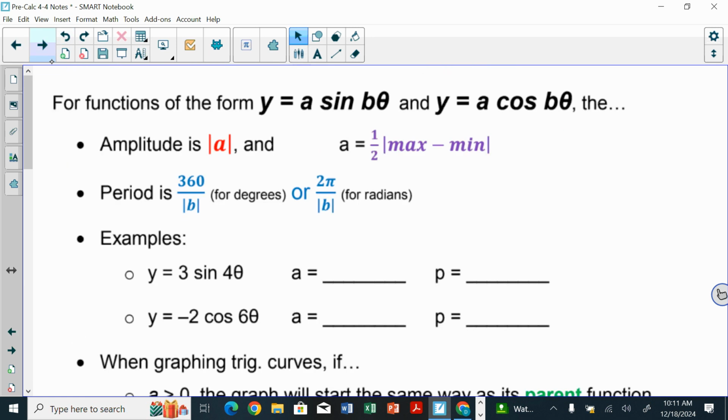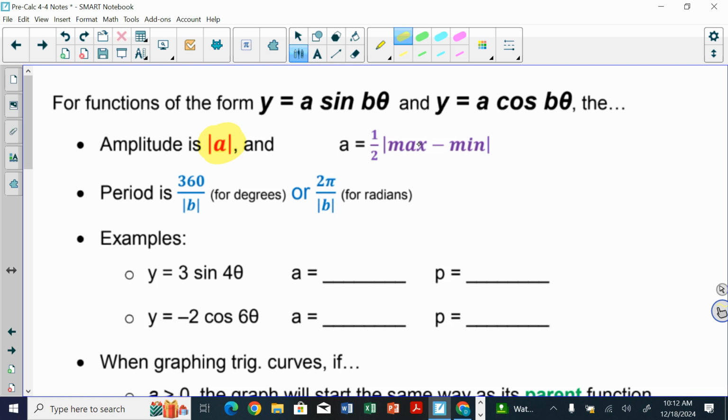So let's talk about some of the things and what they do with the graphs. First, if you have the function y equals a sine b theta or y equals a cosine b theta, the a value, if we take the absolute value of a, and it's got to be the absolute value, then that's the amplitude.